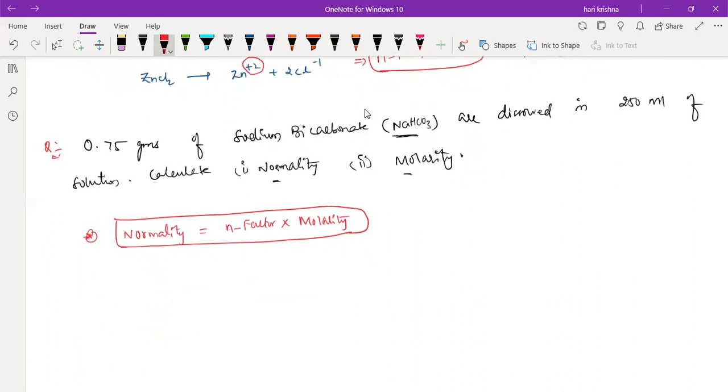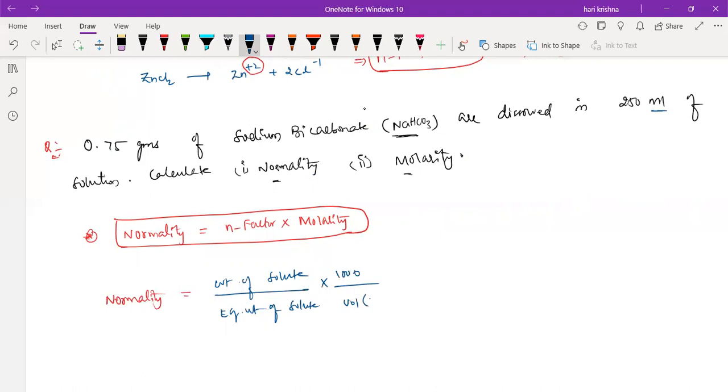Now first we'll calculate the normality only, which is equal to weight of solute by equivalent weight of solute into, since the volume is given in ml, 1000 by volume in ml.